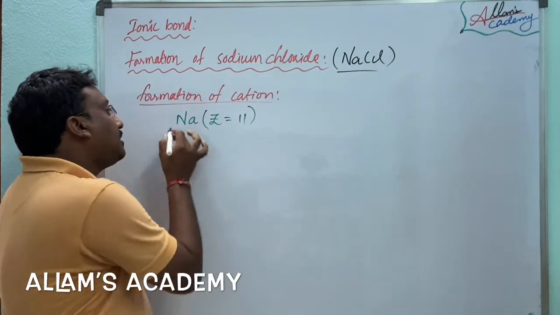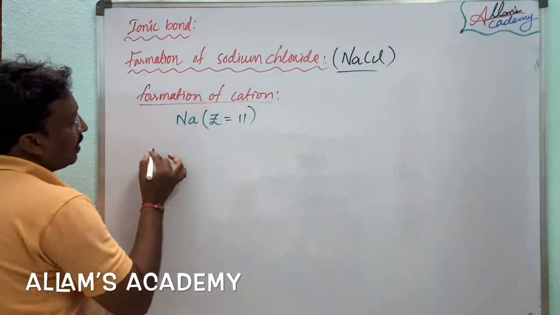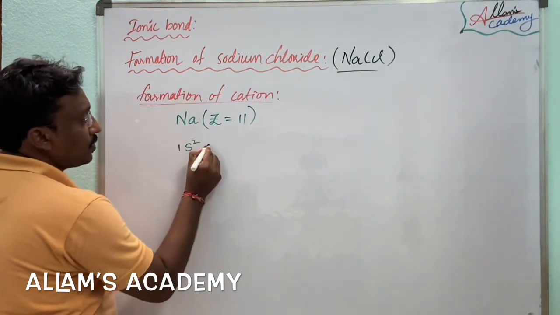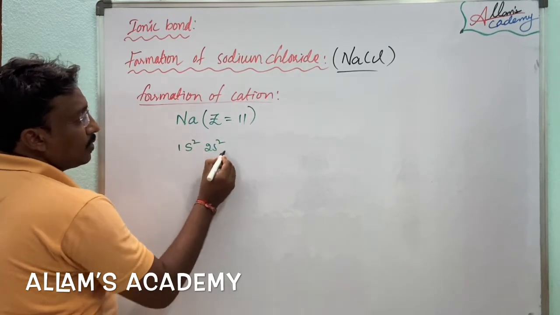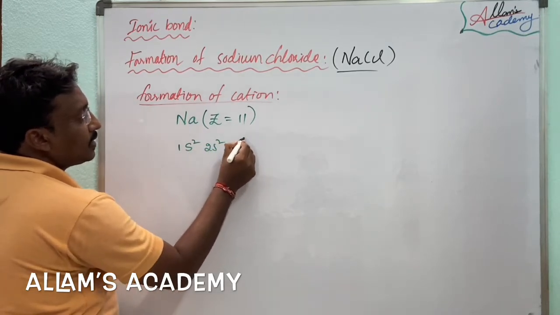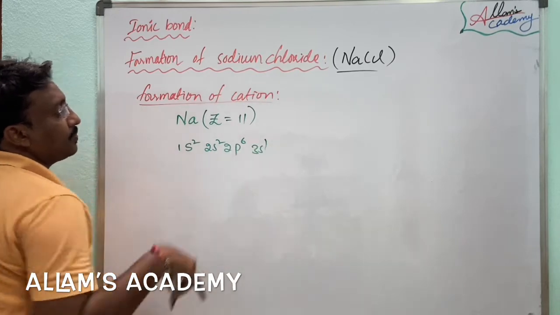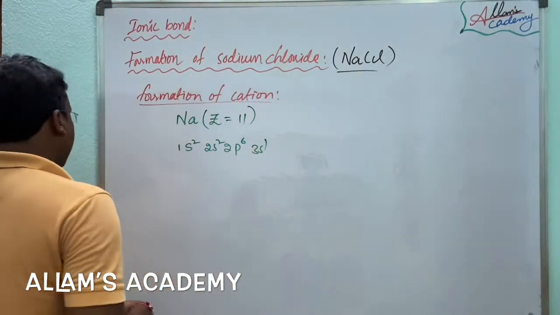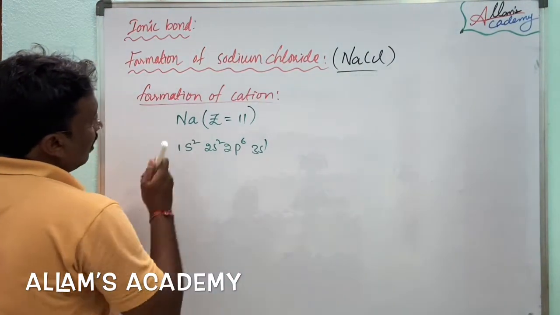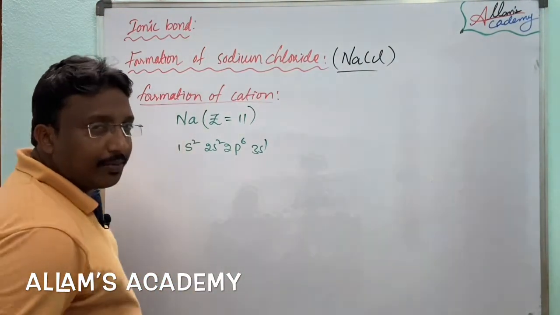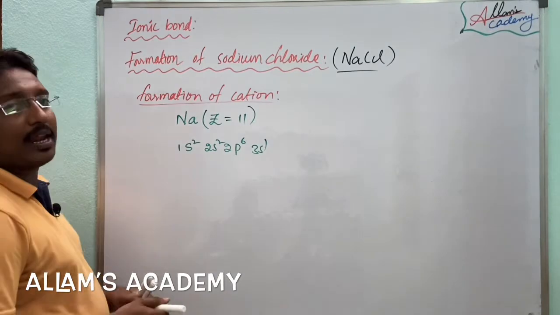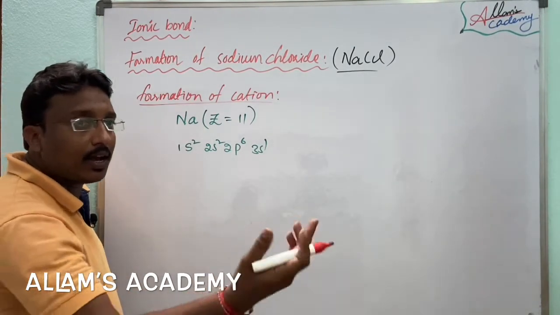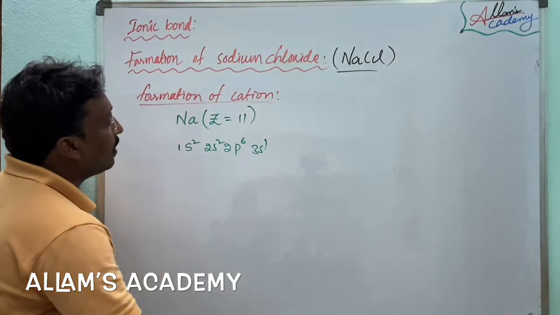Its electronic configuration is 1s2, 2s2, 2p6, 3s1. Here we know that every atom is trying to get a stable electronic configuration.